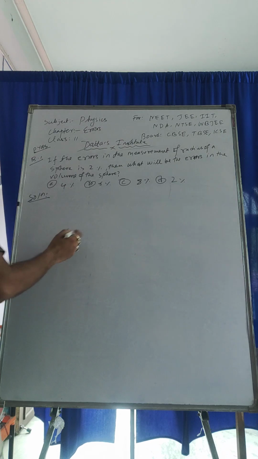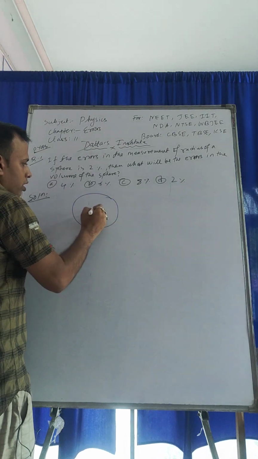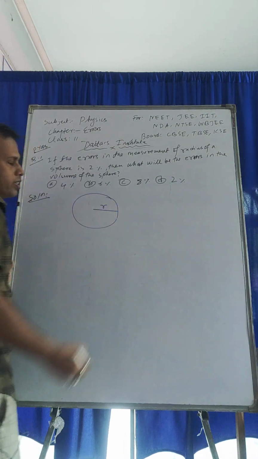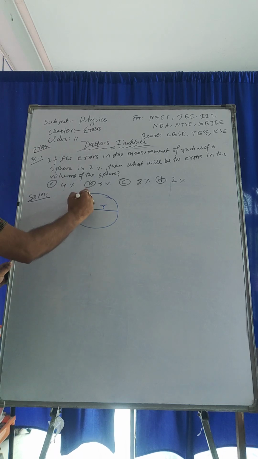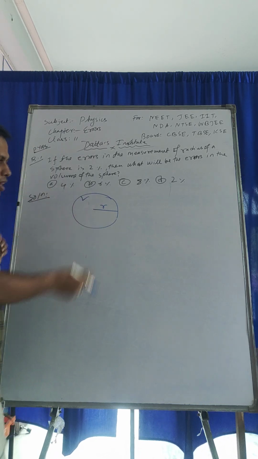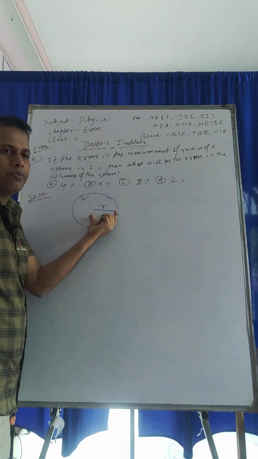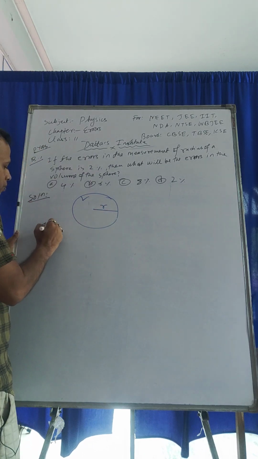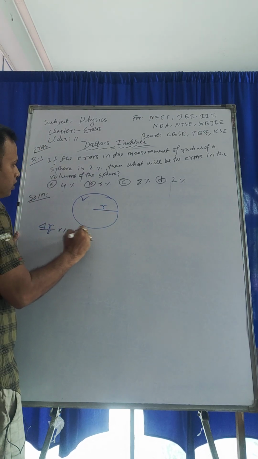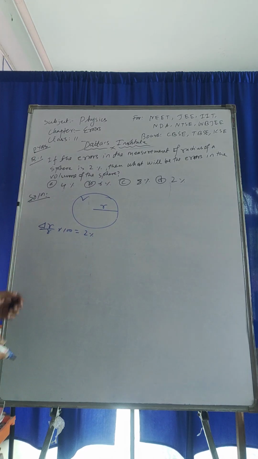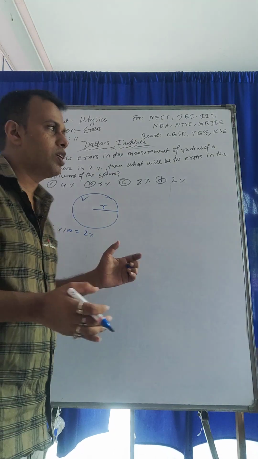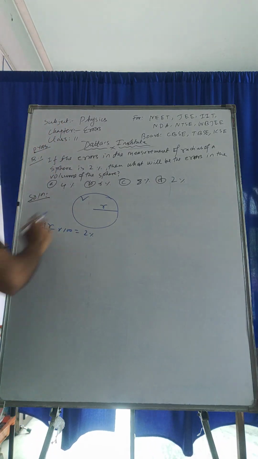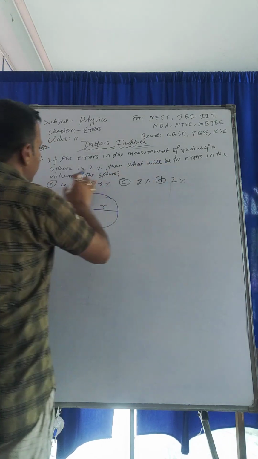Here the radius of the sphere is r and the volume is V. The error in the measurement of the radius is given as delta r by r into 100, which is 2%. So the percentage error in measuring the radius of the sphere is 2%. Sir, what will be the error in the volume of the sphere?